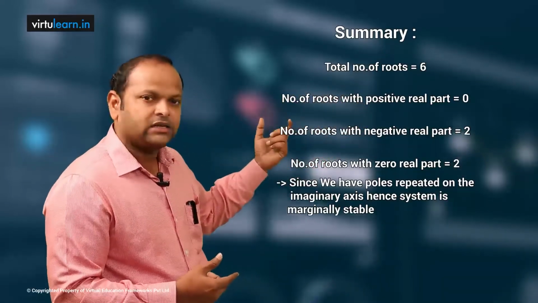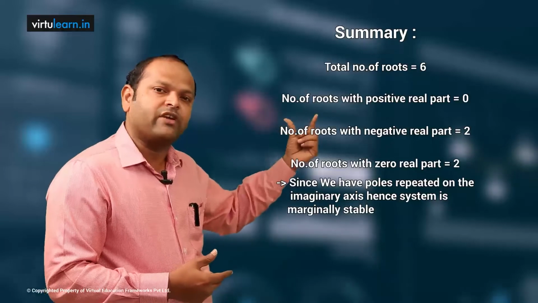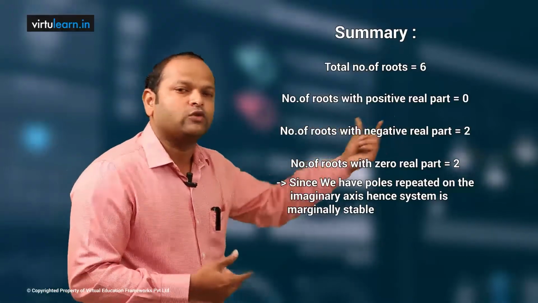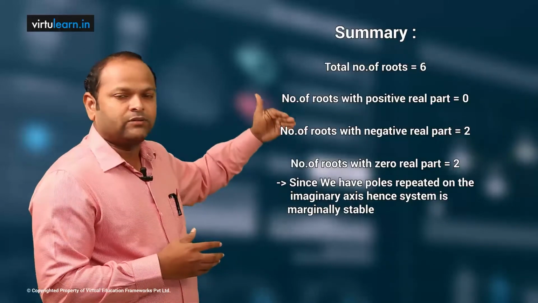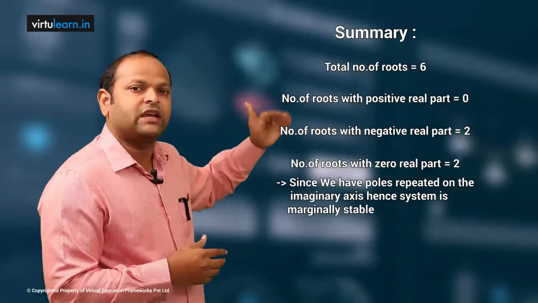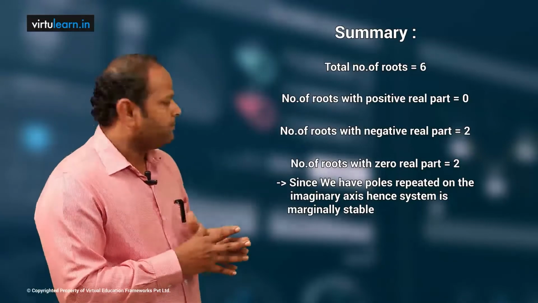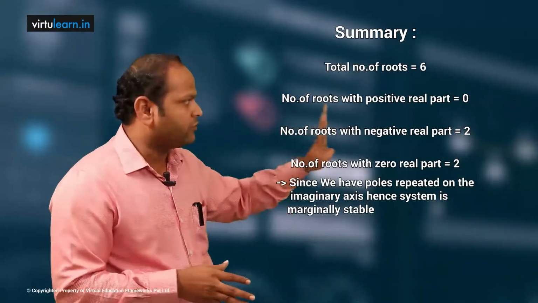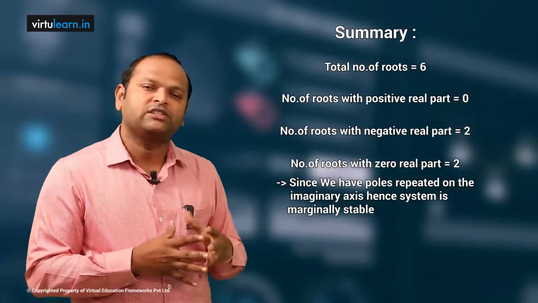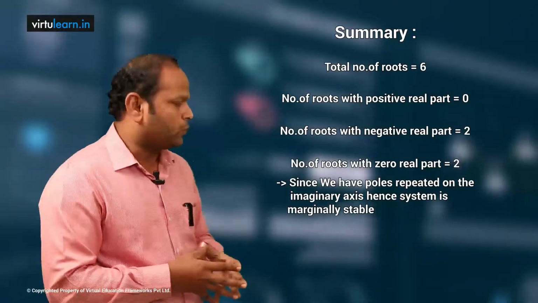And how can you write this? The number of roots that have positive real part is equal to 0. Now in this case we have an extra term, that is the number of poles which are lying on the imaginary axis. The number of poles lying on the imaginary axis is 4. Just now we have seen those 4 at plus or minus j2, plus or minus j root 2.